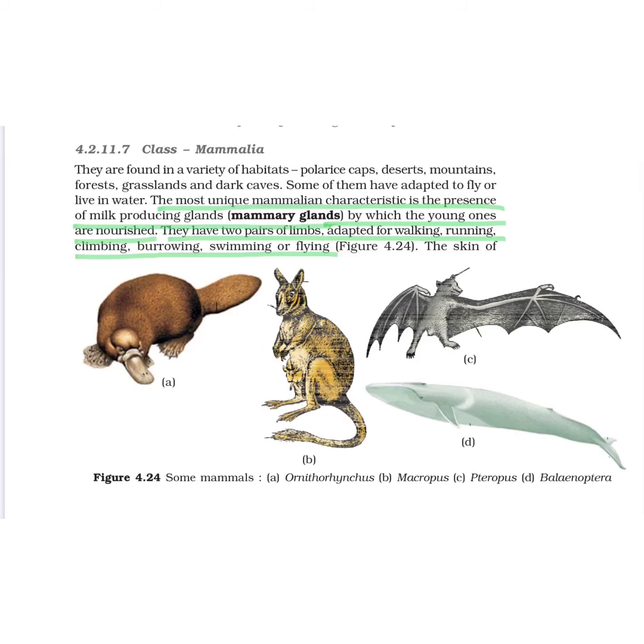If we discuss their habitat, they are found everywhere. They are omnipresent. They are found on land, water, air, even in very cold and very hot climates, like deserts, mountains, forests, grasslands, caves. Some exceptional examples are there, like whale and dolphin.